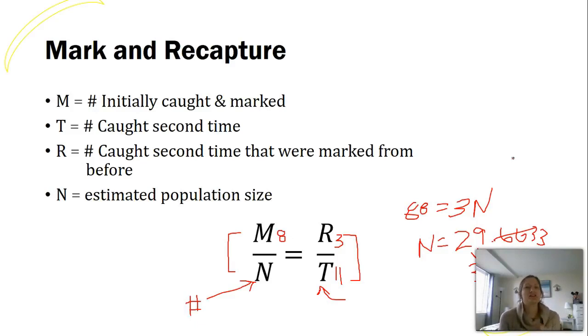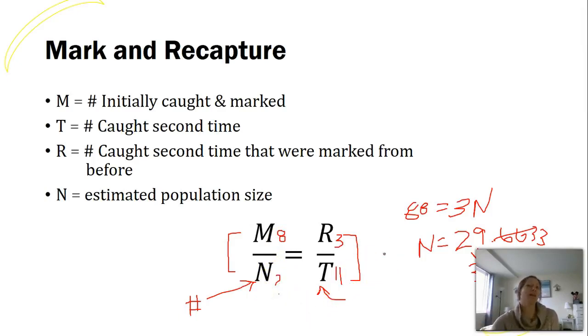Now, a way to remember how this equation works, because you're like, I don't want to remember what M means and N and R and T: we marked 8 individuals. When we go out the second day, we're actually creating a ratio. We're saying, for every 11 that we found, 3 of them were ones we've seen before. So if you go back to the left side of this equation, we're saying, there's 8 we've seen before, what is this number?